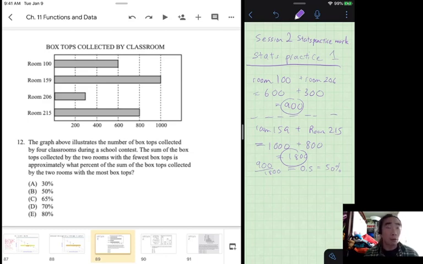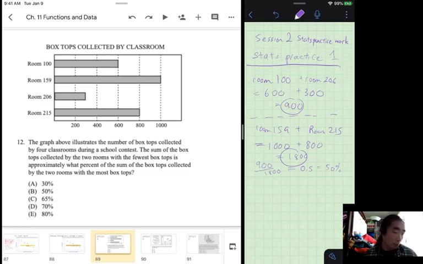So reading this bar graph that's in front of you, room 100 and room 206, those are the smaller groups, right? They have the fewest numbers of box tops. That leaves room 159 and room 215 to have the most number of box tops, and they wanted you to figure out the percentage comparing these two. Once you read your bar graph and added up those numbers together, you get 900 and 1800.